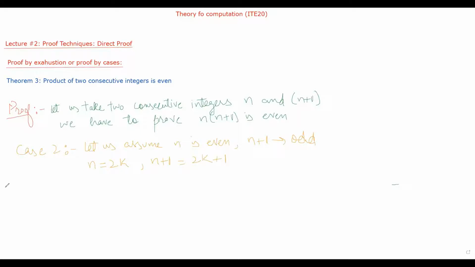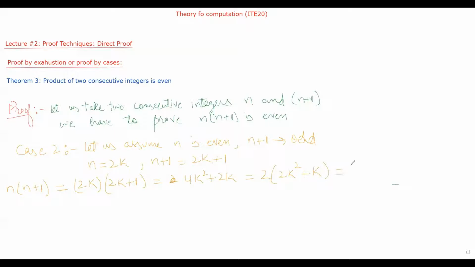Now we have to prove that this n into n plus 1 is even. So let's write it, n into n plus 1. For n we will write 2k, and n plus 1 will be 2k plus 1. Let's do the product: 2 into 2 is 4k square plus 2 into 1 is 2k. So let's take 2 as common. In the brackets, we will have 2k square plus k.